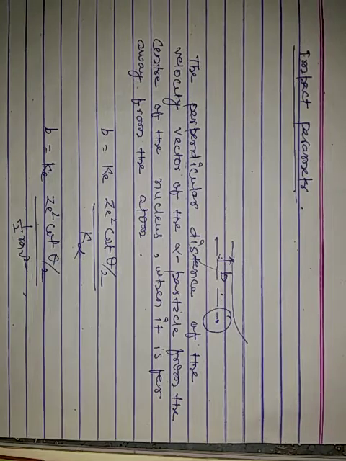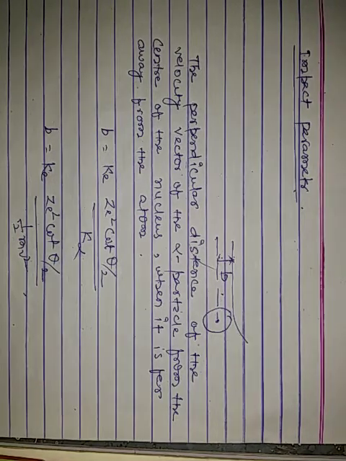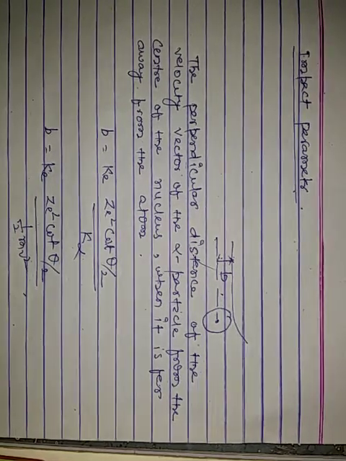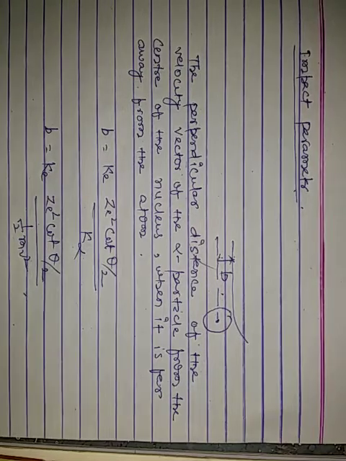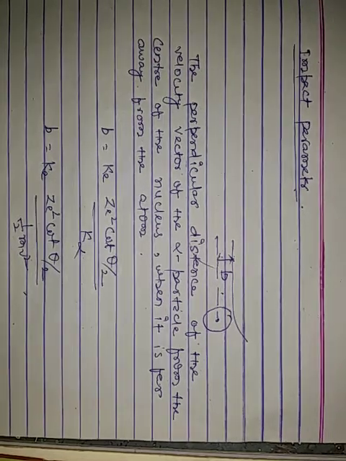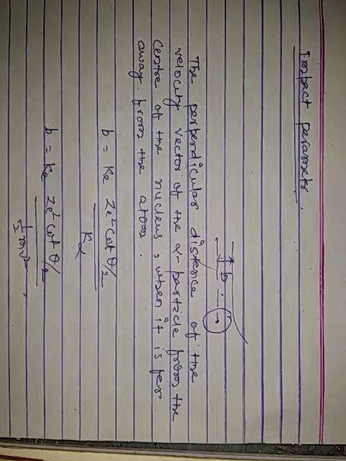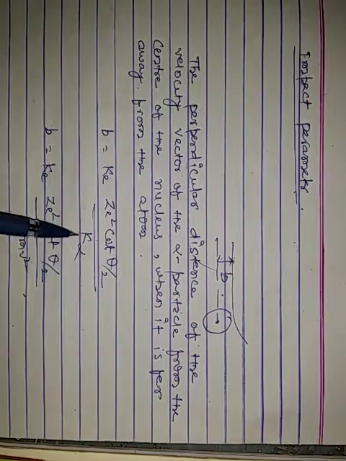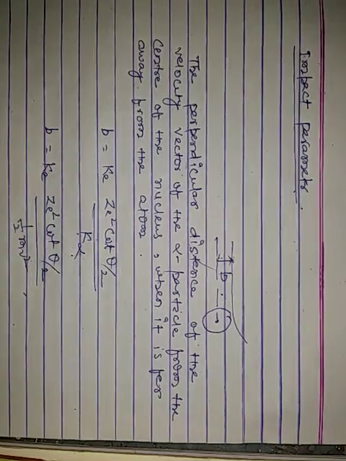Now, as we know, the equation is b equal to KZe square cot theta by 2 K alpha.